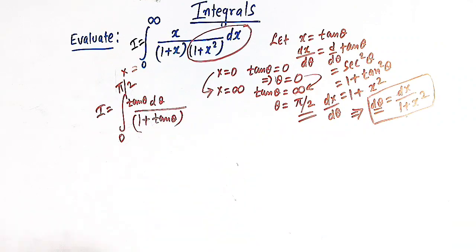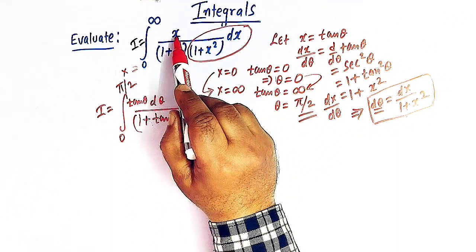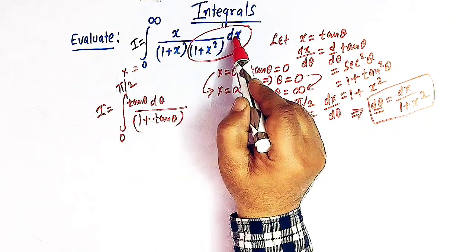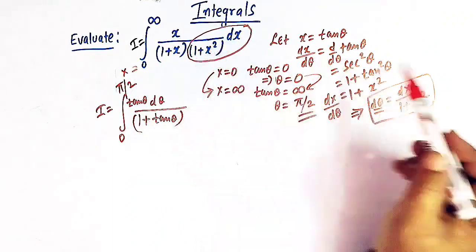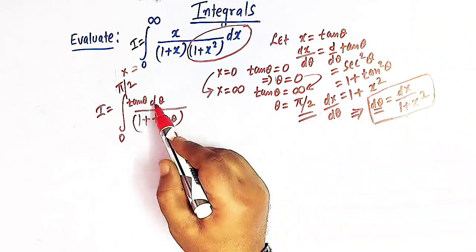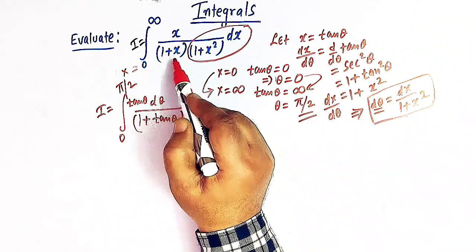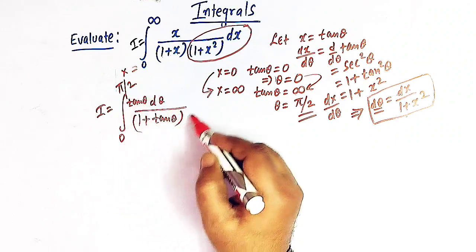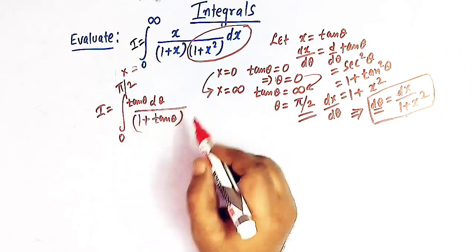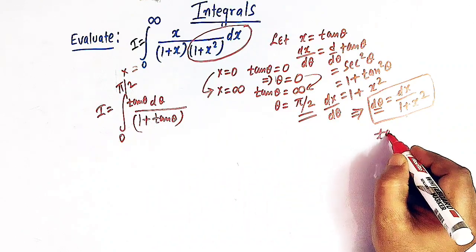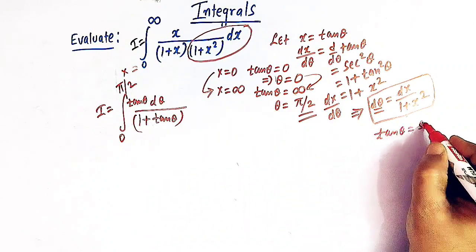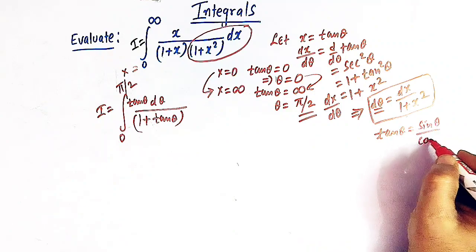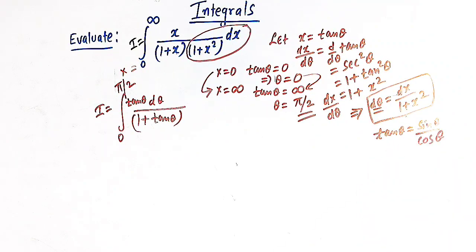So the integrand x is tan theta, dx over 1 plus x square is replaced by d theta, and 1 plus x is 1 plus tan theta. Now we will simplify this expression further by writing tan theta equal to sine theta over cosine theta.